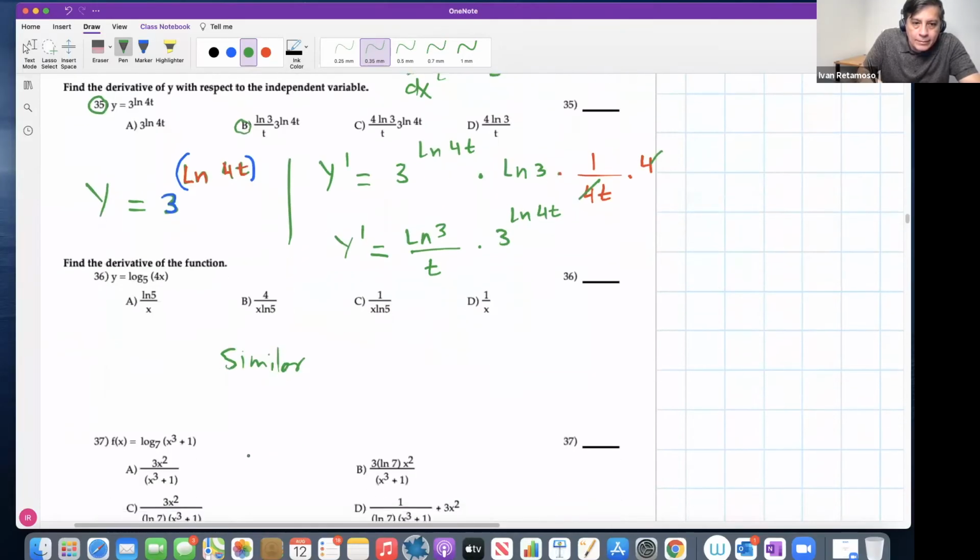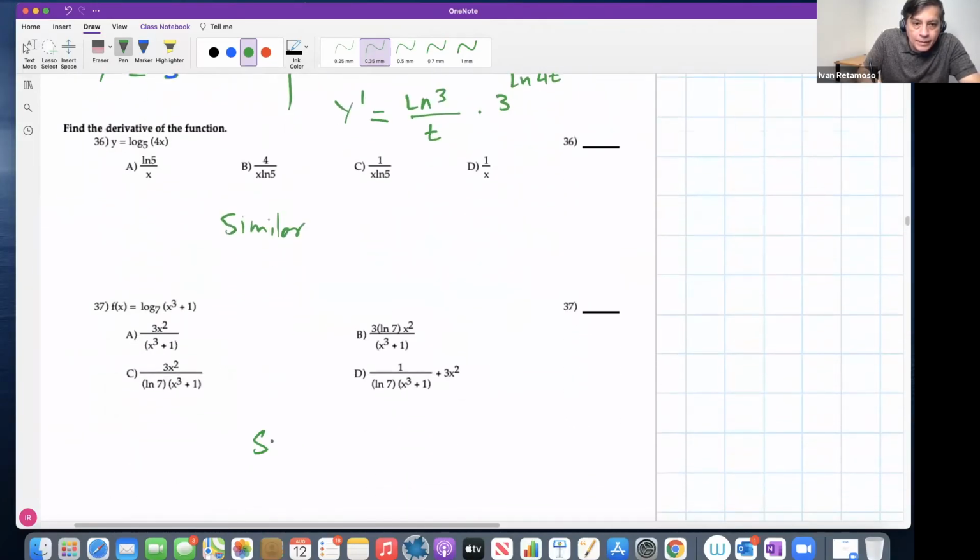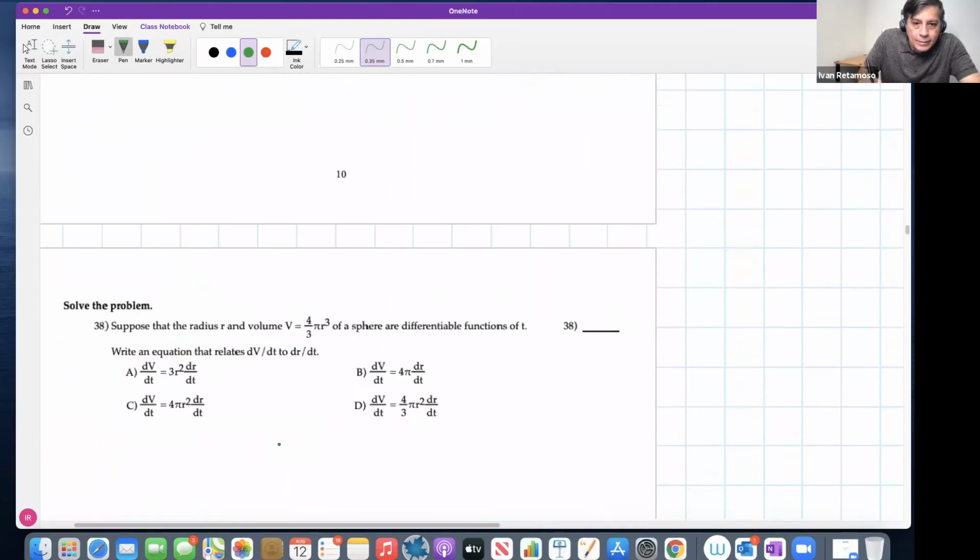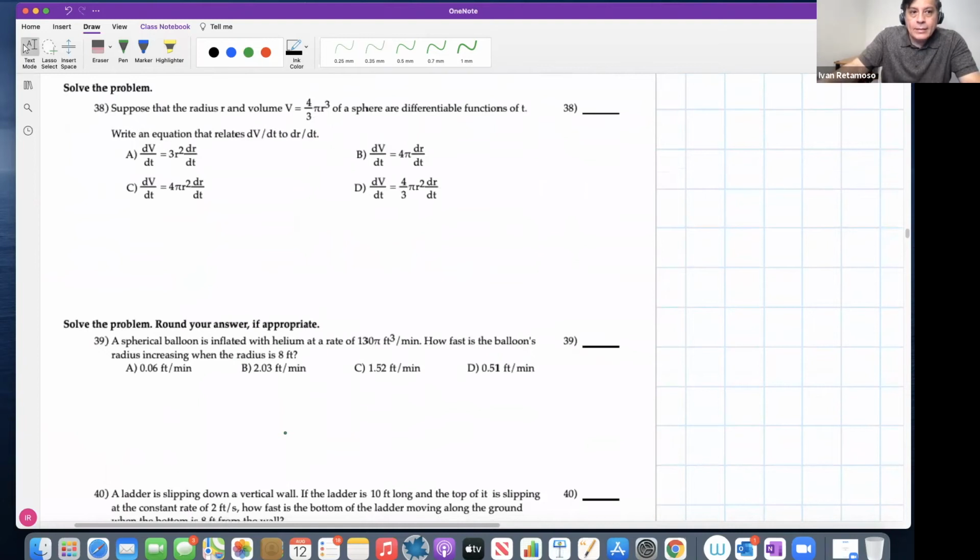Let's move on. This one's similar also. Moving on. New topic. 38. Yeah, we're good. So in 38, they're dealing with rate of change, right? This corresponds to a topic related to rates.